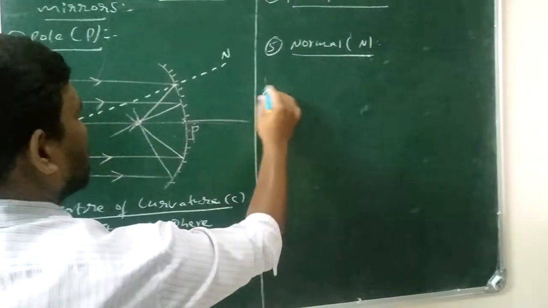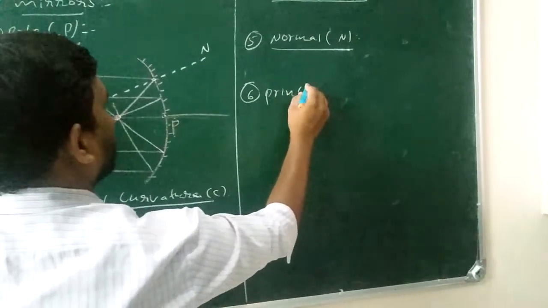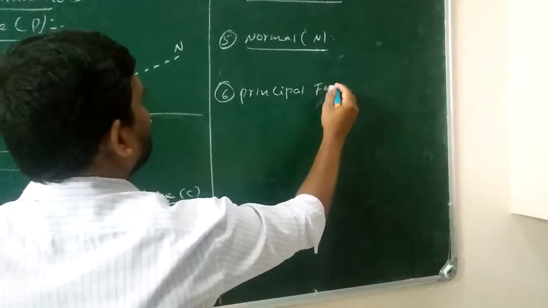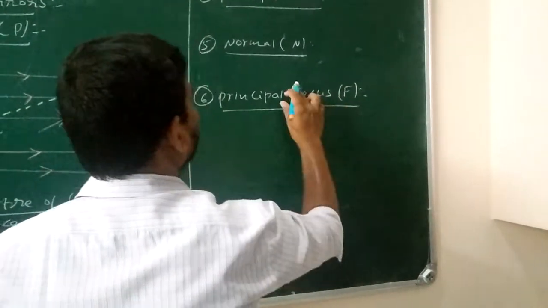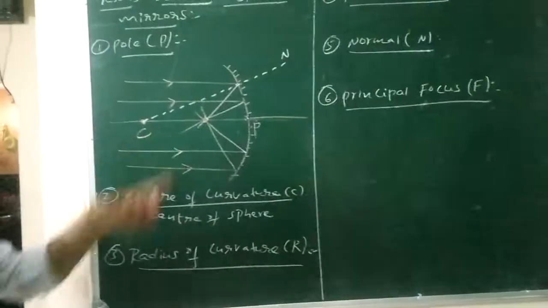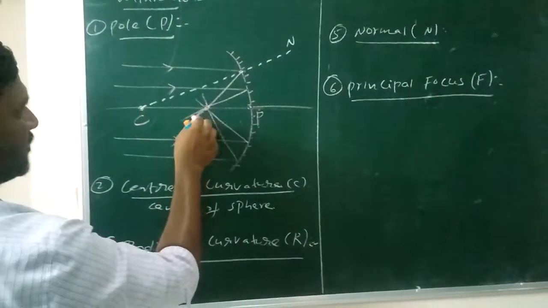And the sixth one is principal focus. It is also called focus and it is denoted with the capital letter F. It is a point on the principal axis. This is the principal focus.